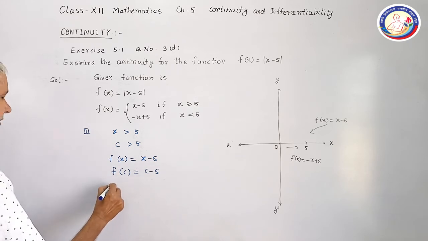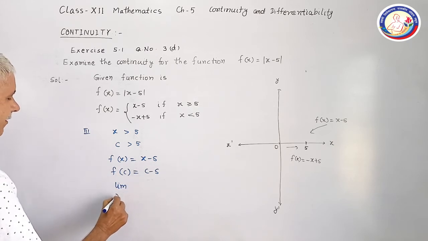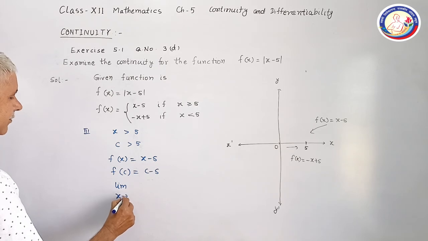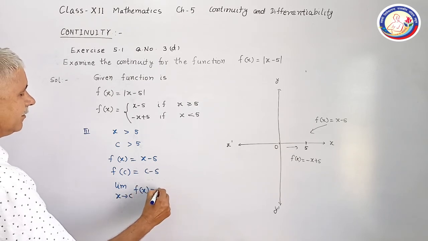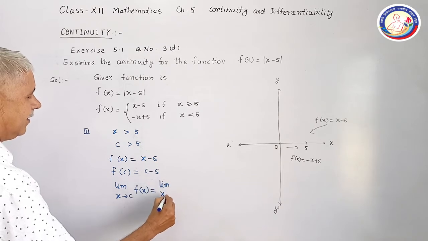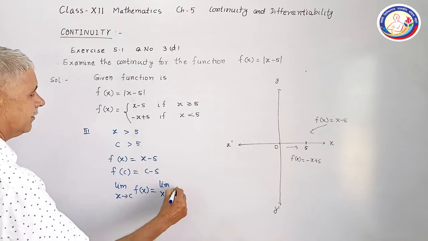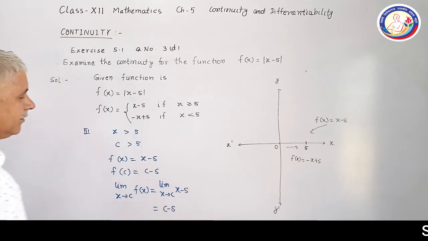Again, limit x tending to c of fx will be limit x tending to c of x minus 5, and it will be c minus 5.